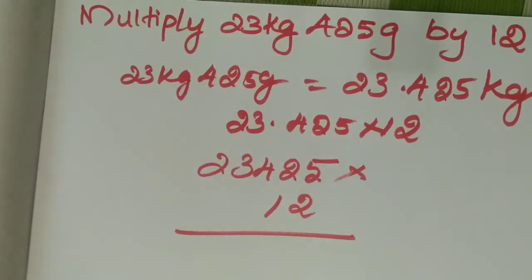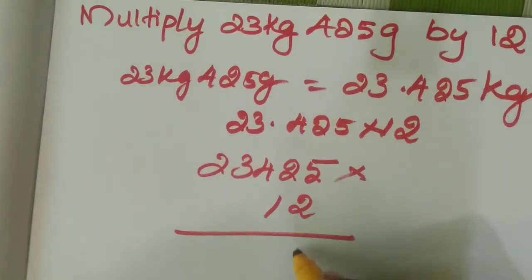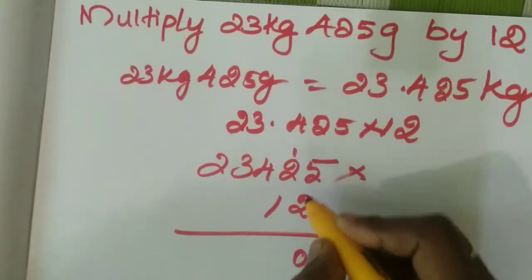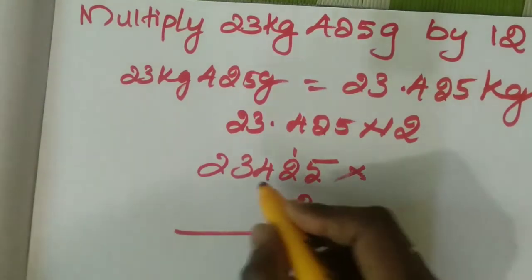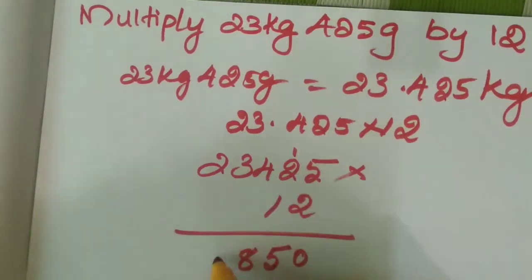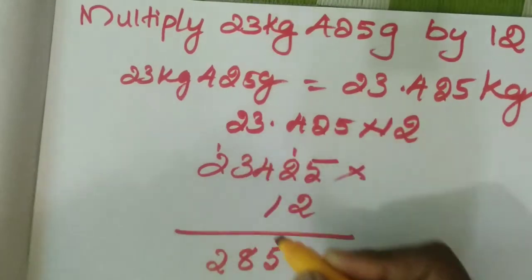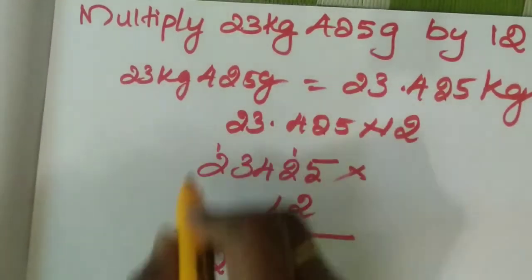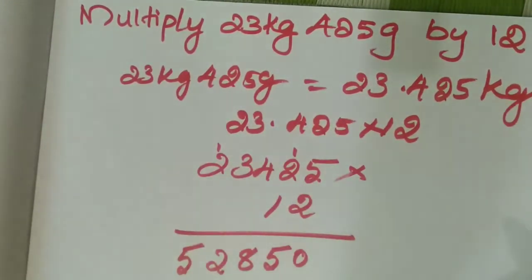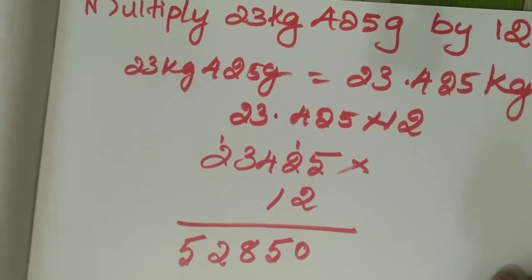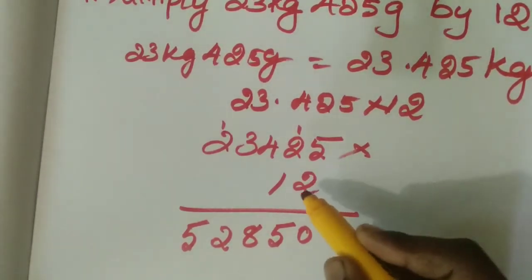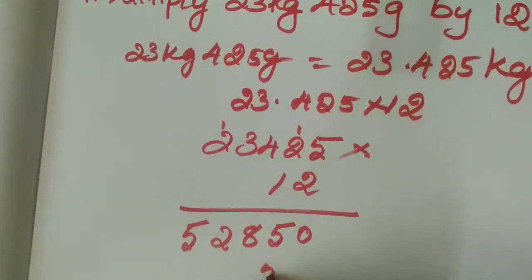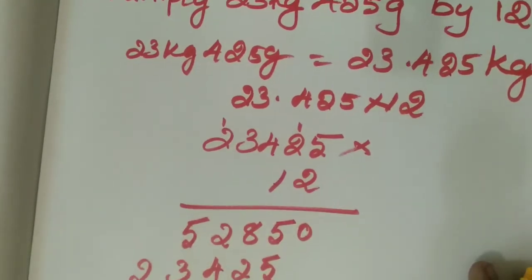Guys, please do the calculation. 2 5s are 10, 1 carry; 2 2s are 4, 5; 2 4s are 8; 2 3s are 6; 2 2s are 4. Are you clear, guys? Now the next step: 1 5 is 5, 1 2 is 2, 1 4 is 4, 1 3 is 3, 1 2 is 2.